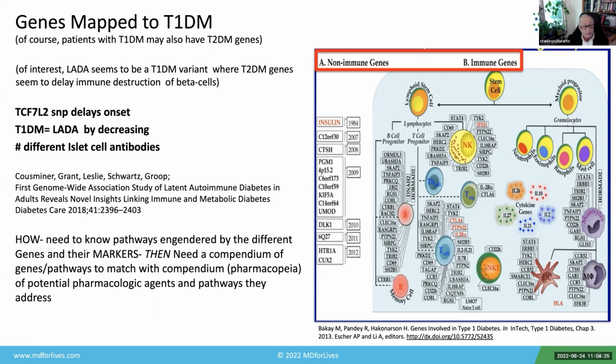We need to know the pathways engendered by the different genes, and ultimately the markers that these genes reflect or are reflected by. Then we'll need a compendium of gene pathways to match the compendium of potential pharmacologic agents and the pathways that they address.